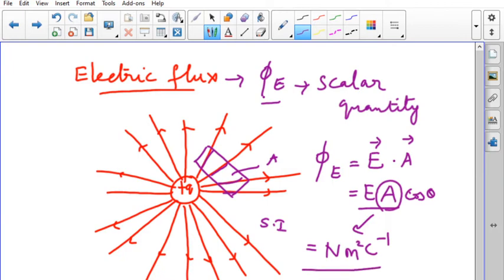This is the way we derive the SI unit of electric flux phi E. We have already learnt that flux is a scalar quantity, and it can be either a positive or a negative value.